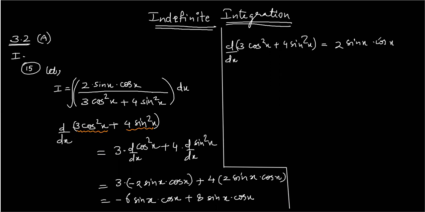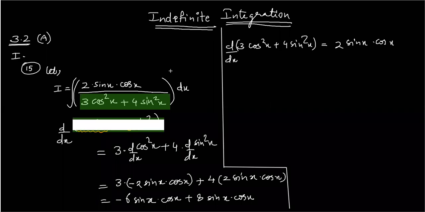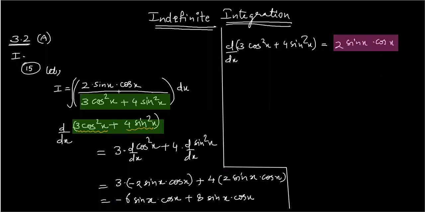So what did you get here, students? You got the derivative of the denominator. Just now we differentiated the denominator, right? See here, we differentiated the denominator. And when we did this, what did we get? Derivative of the denominator, I'm getting 2 sin x cos x. And you notice that this 2 sin x cos x is here.